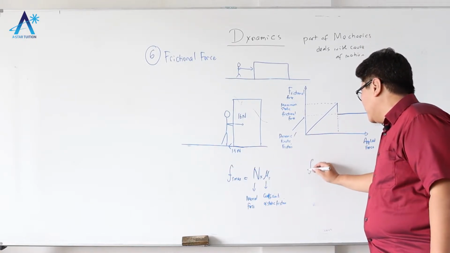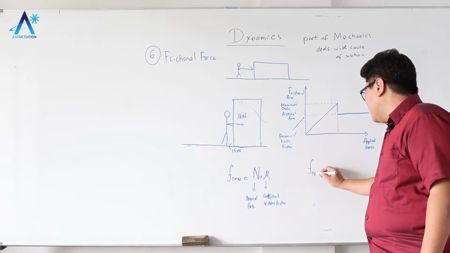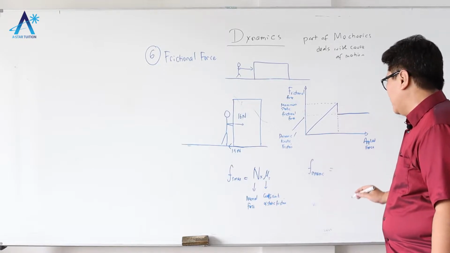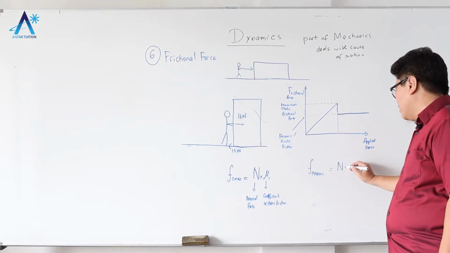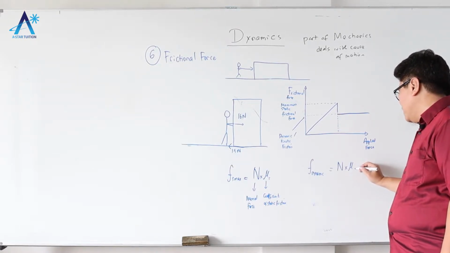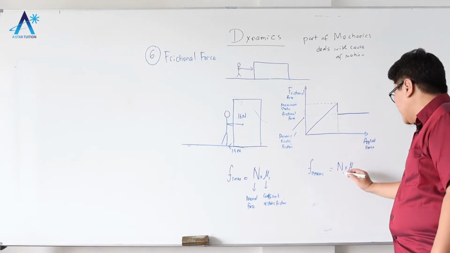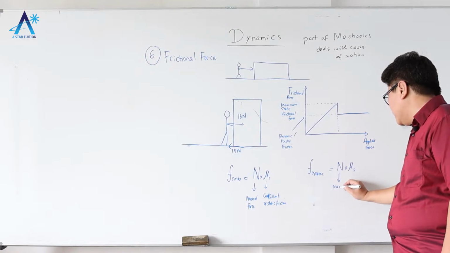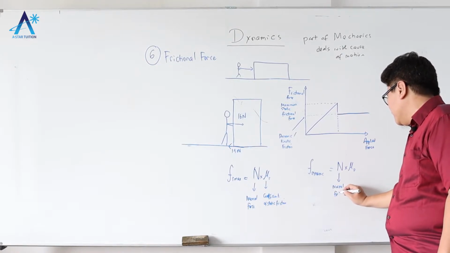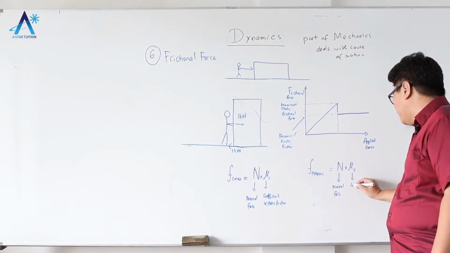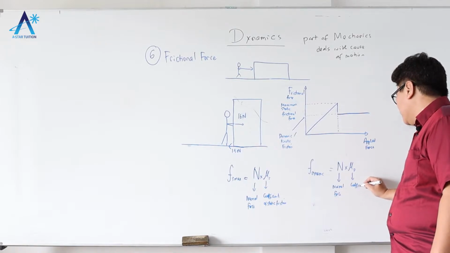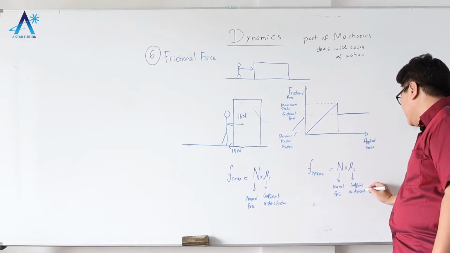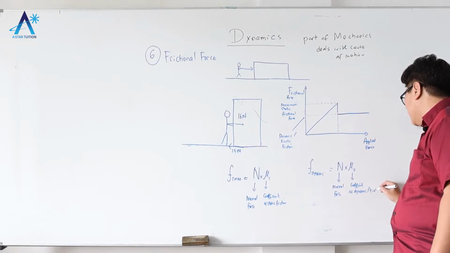And then for the kinetic friction or dynamic friction, the value can be calculated by N, the normal force, multiplied by mu d, where again N is the normal force and mu d is the coefficient of dynamic or kinetic friction.